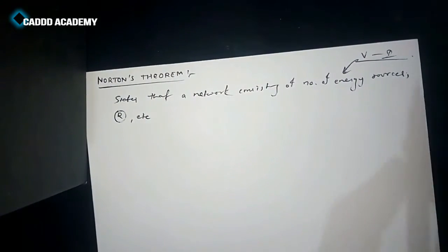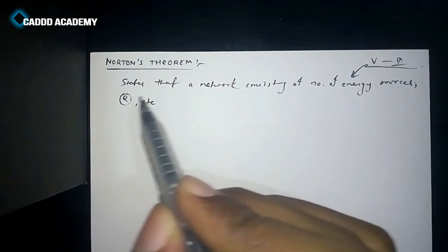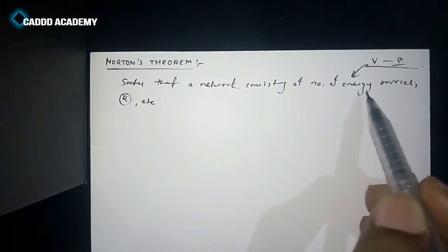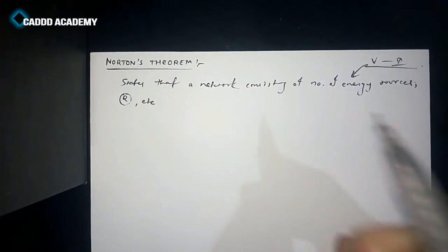Okay, so these are the energy sources. So it states that a network consisting of a number of energy sources, resistance, etc.